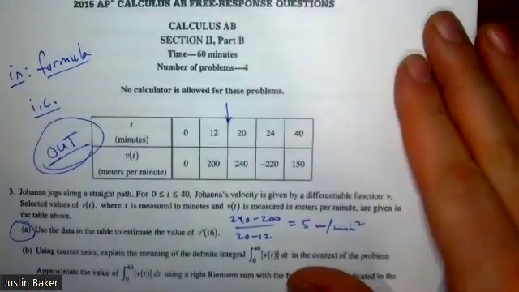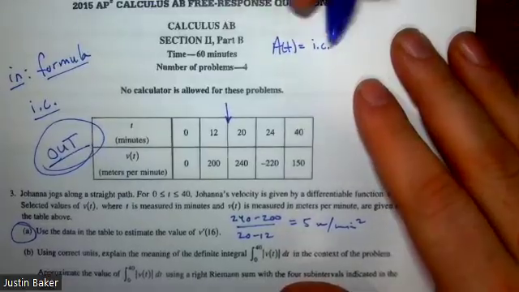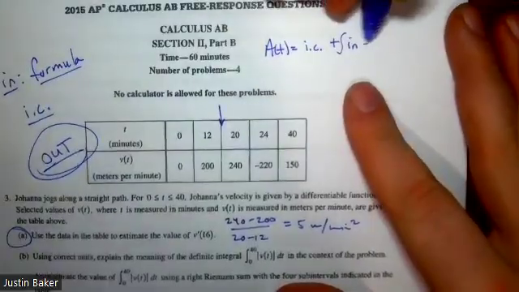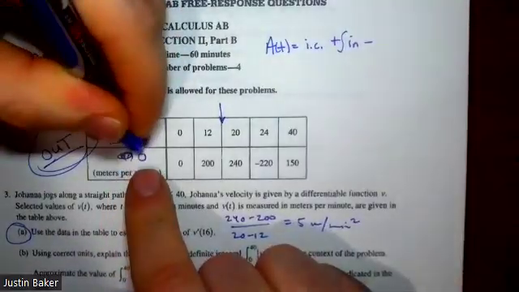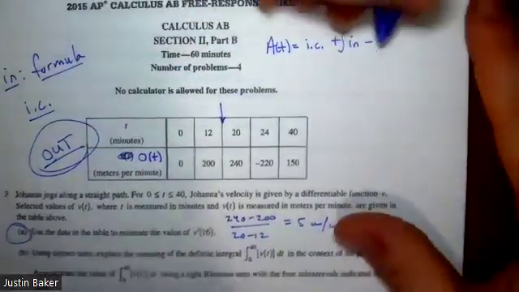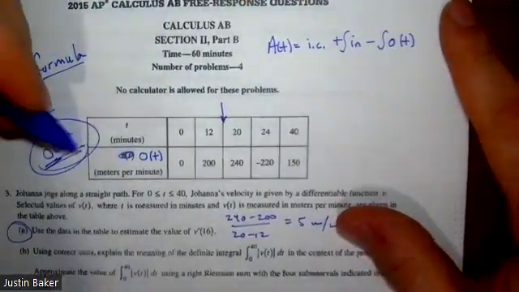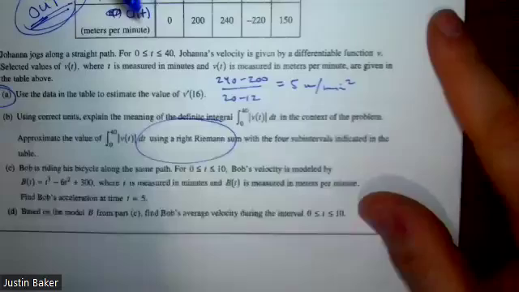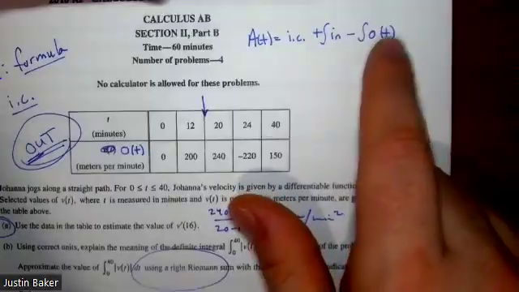So to figure out the total amount formula for this question, A of t is going to be equal to the initial condition plus the integral of the in formula from whatever to whatever bounds, minus, let's just say for example that this out formula is O of t for out. We're still going to express it as the integral of this. But since the out formula is going to be table stuff, it's going to tell you something like use a right Riemann sum to approximate the out, or the amount of water that drains, or whatever it's talking about.